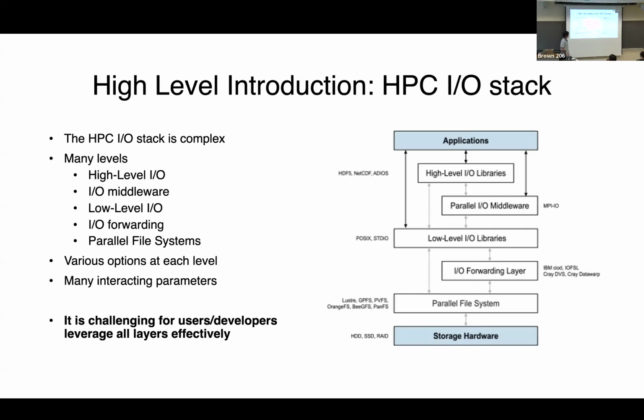It goes through multiple layers. In the beginning, it goes through some high level IO libraries, such as HDF5, then turns those data access APIs into lower level APIs, such as MPIO, POSIX, STDIO, standard IO requests. Those requests will go into IO forwarding layers, depending on what system was deployed there, and then finally arrive at the file system, even the storage systems.